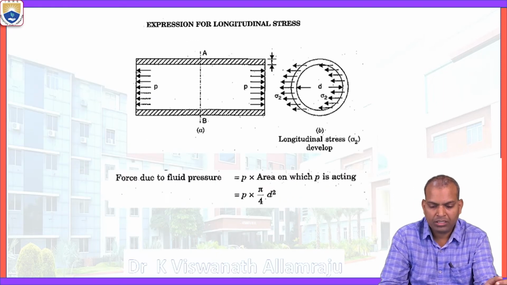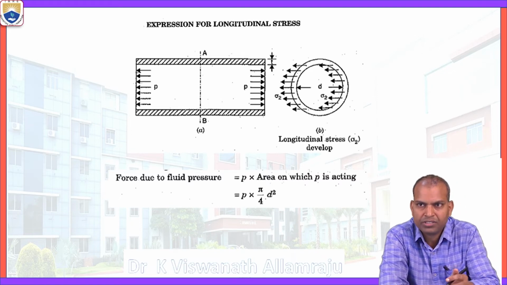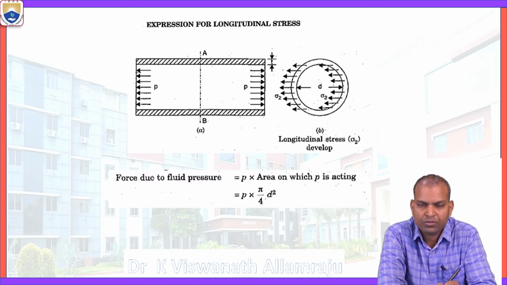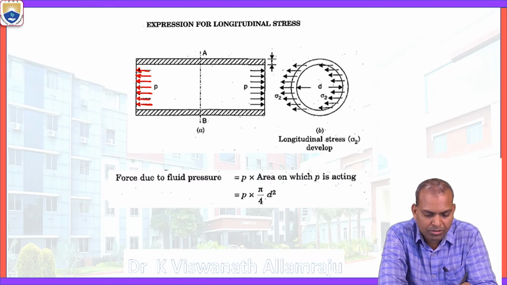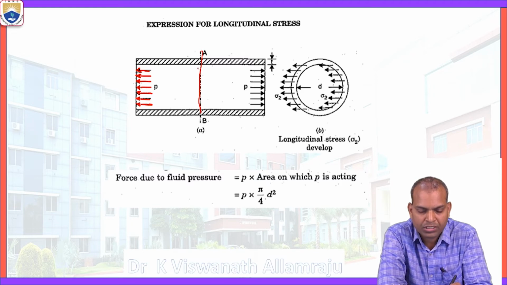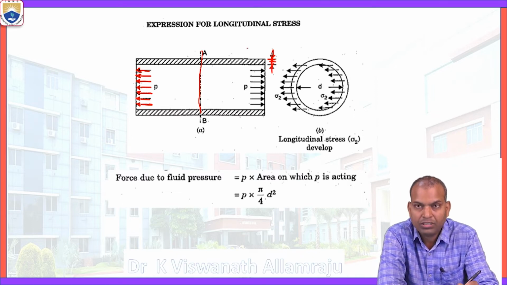Now coming to the second case, we are going to study the expression for longitudinal stress, that is, the force due to pressure. This stress is acting in the longitudinal direction. The sectional view has the section plane AB, where T is the wall thickness.